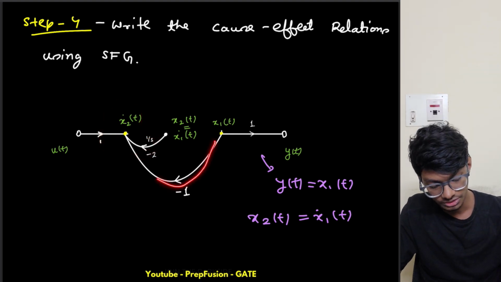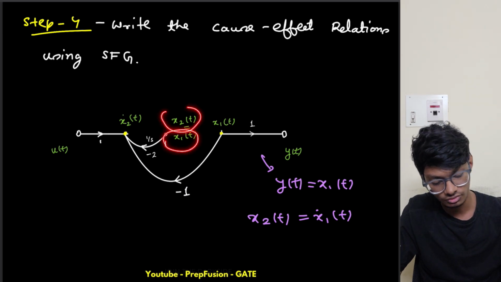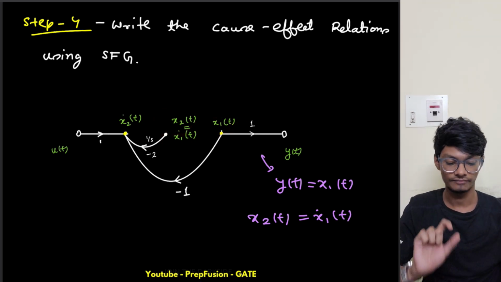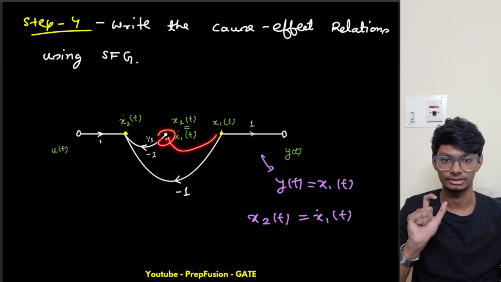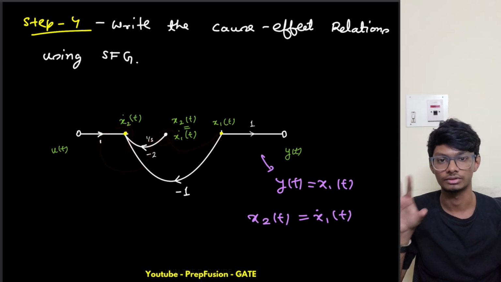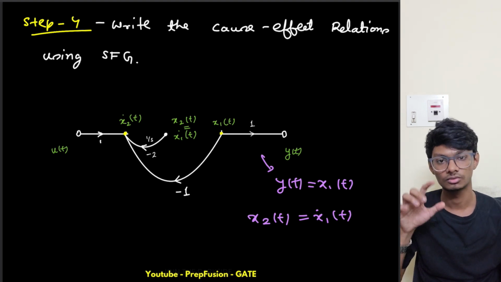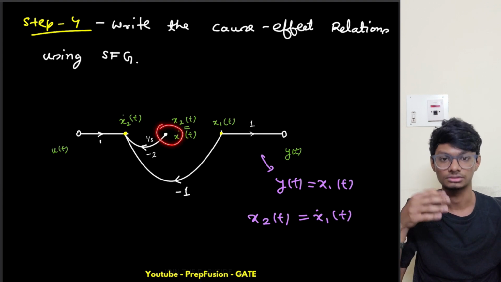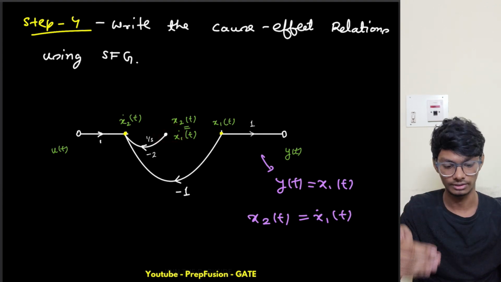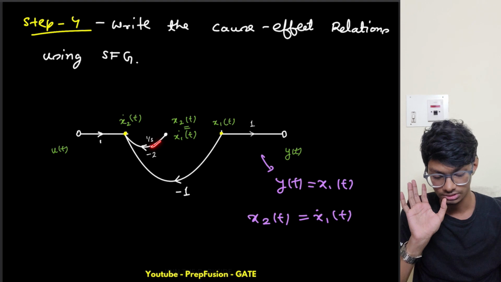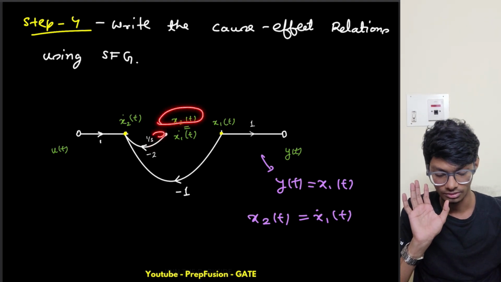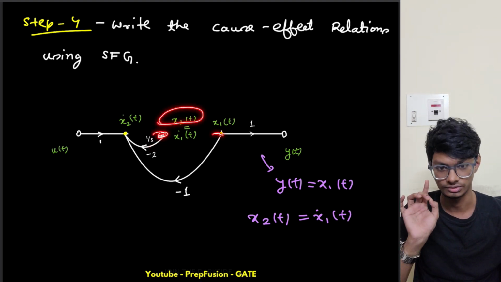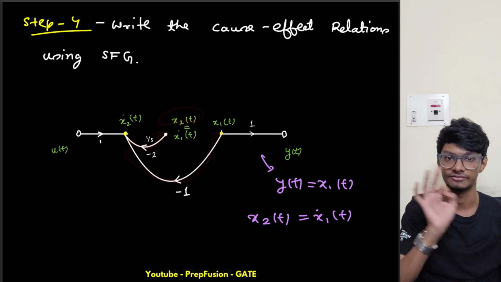Basically we see two nodes incoming, and this is only x2 of t and this is only x1 of t. If this had something else incoming, then I wouldn't have been able to write this; I would have had to find the transformation for each case. I will solve one question from there, you will understand. Just as this node is only x2 and this node is only x1, I can simply write the cause effect relation here.